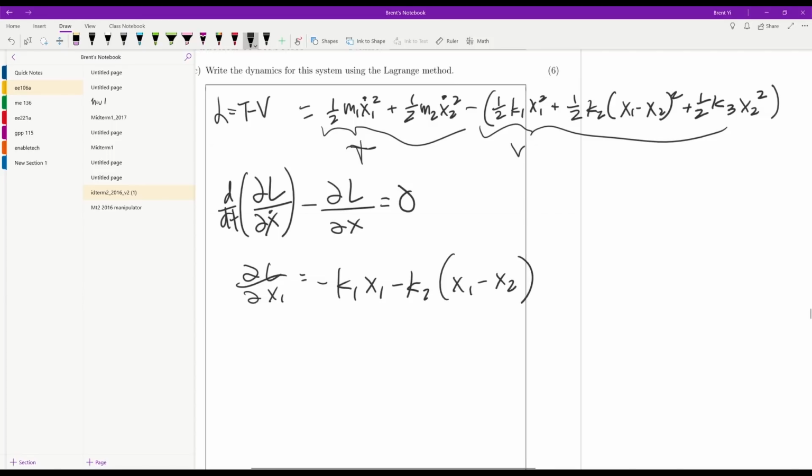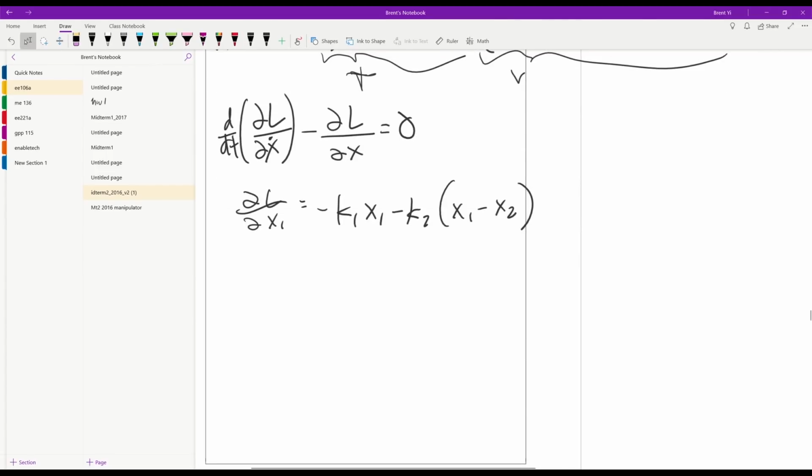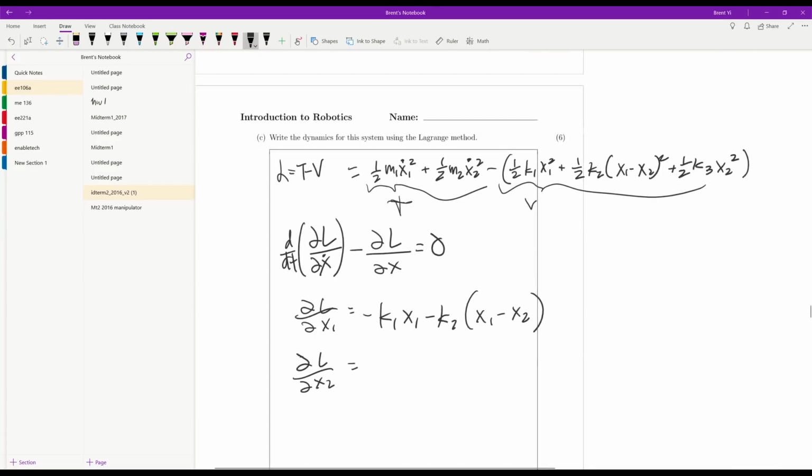We'll do the same thing for x2, so dL over dx2. Take the derivative. The only terms that matter here are this one and this one. And that should get us negative k3 x2 plus k2 times x1 minus x2. Notice that this negative sign is being distributed throughout the V term.